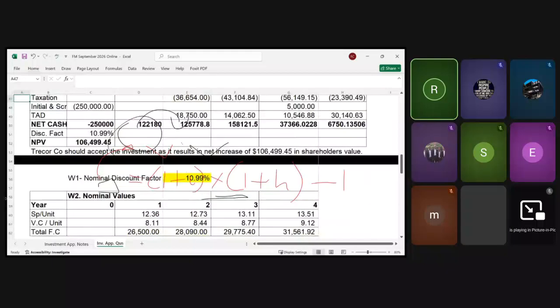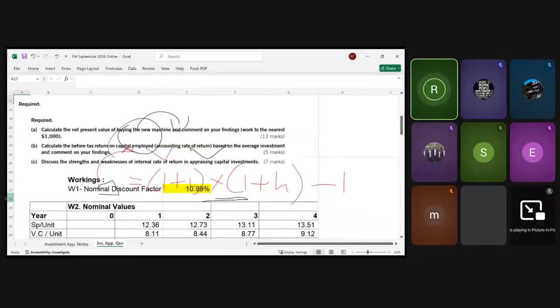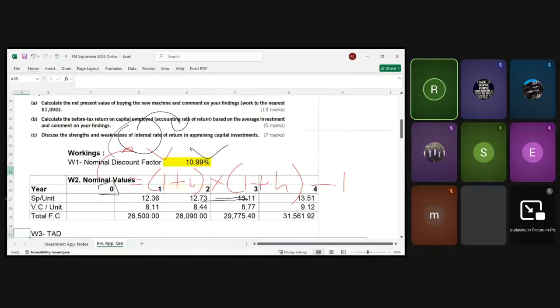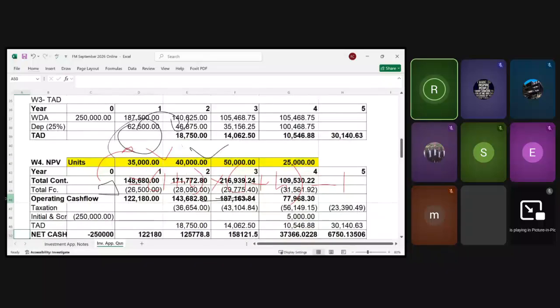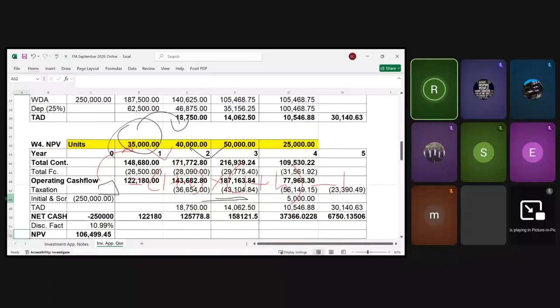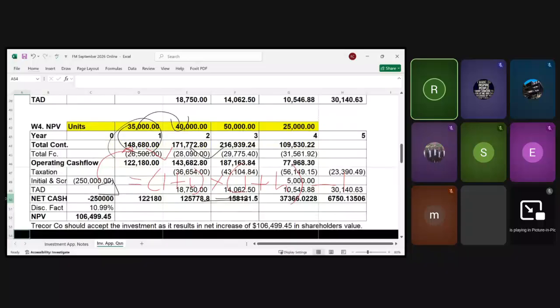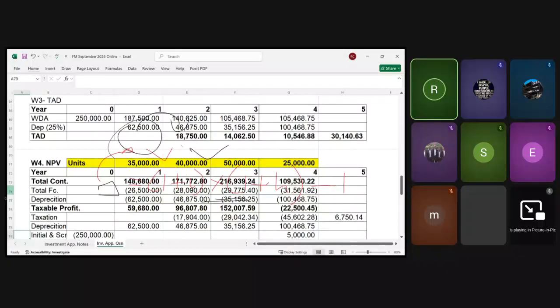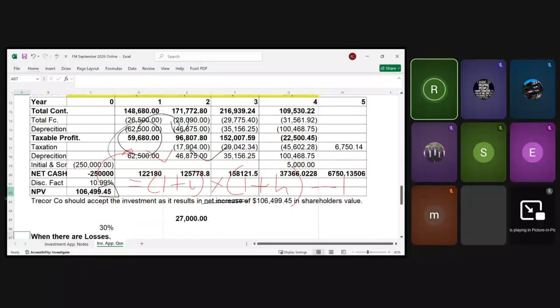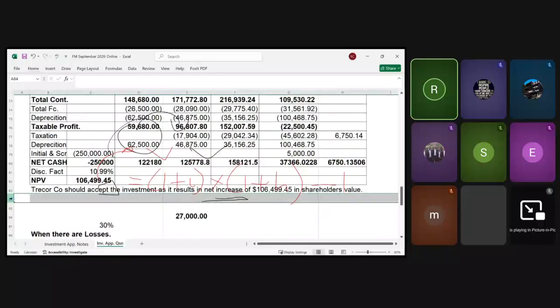We had A and B, so the B required us, for 5 marks, to calculate accounting rate of return on before tax, because accounting rate of return is calculated using before tax cash flows. So probably we can do that first, and then we look at advantages and disadvantages of using NPV. Right. If this was the question and you have been asked to calculate ARR, let us do that very quickly.